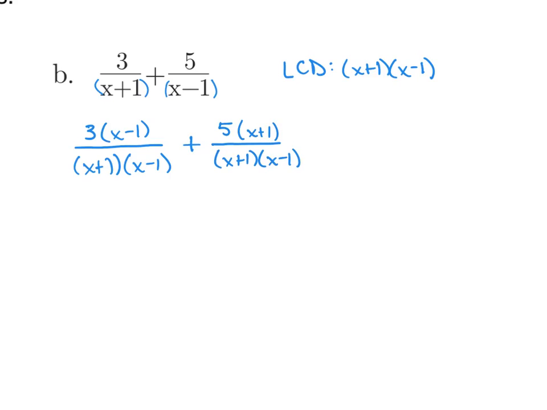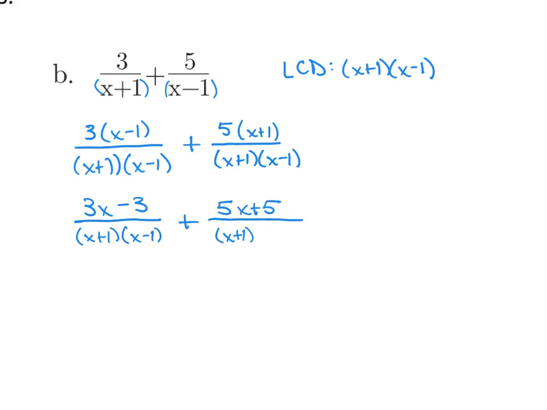From here, we want to go ahead and distribute to clear our parentheses so that we can combine our like terms. We get 3x minus 3 over x plus 1, x minus 1 plus 5x plus 5 over x plus 1, x minus 1.